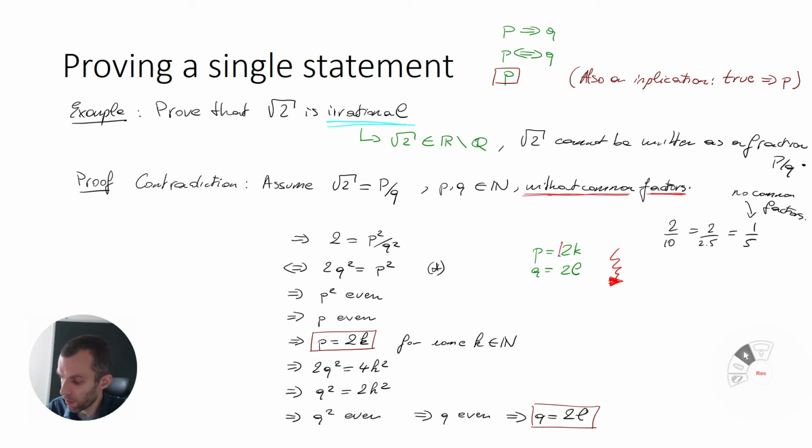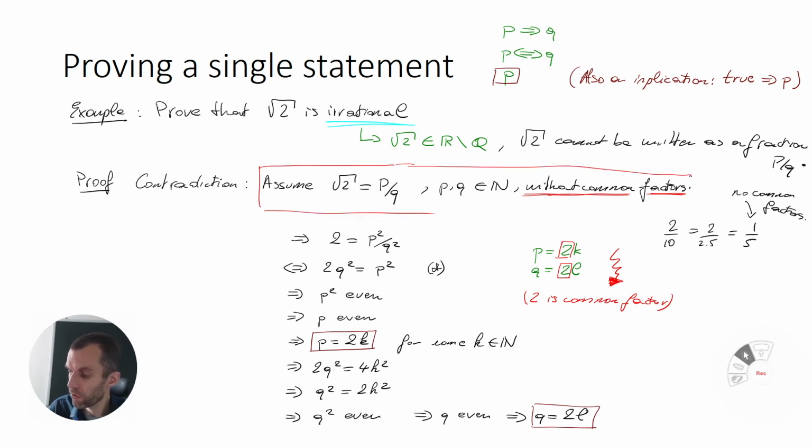And here I have shown that they do have a common factor, the 2. So therefore I've ended at a contradiction. We have the lightning symbol here, and therefore my starting point, my assumption here has to be false.